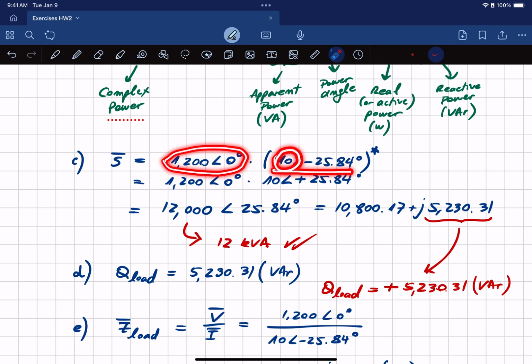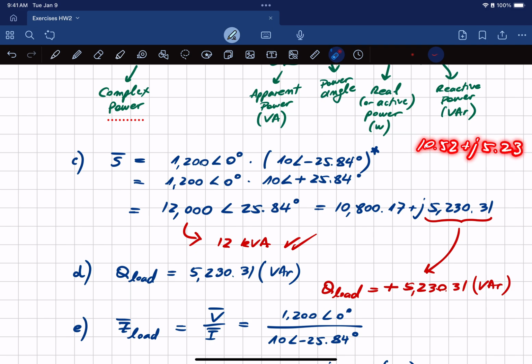Because I want to see the module, the RMS values, directly there. So it's easy to understand if I'm telling you this current is 10 angle minus 25 degrees. You know that 10 amps is what I'm going to be measuring with an ammeter. However, if I'm telling you the current is 10.52 plus J 5.23, you have no idea what the RMS value is that you're going to be measuring.